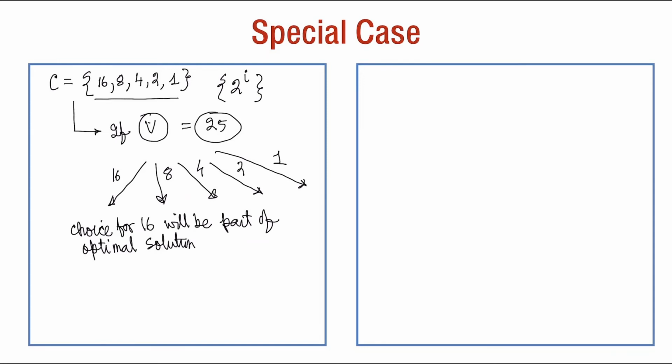That means that I will then just decompose the problem to 8, 4, 2, 1, having chosen 16.